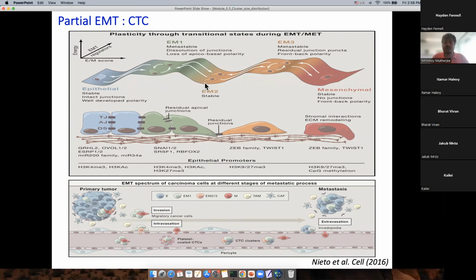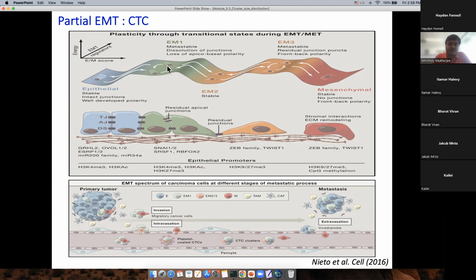But in between there are cells that can adhere to each other partially like this, and also find some migratory nature. One interesting thing about these hybrid or EM states is that they are extremely plastic.